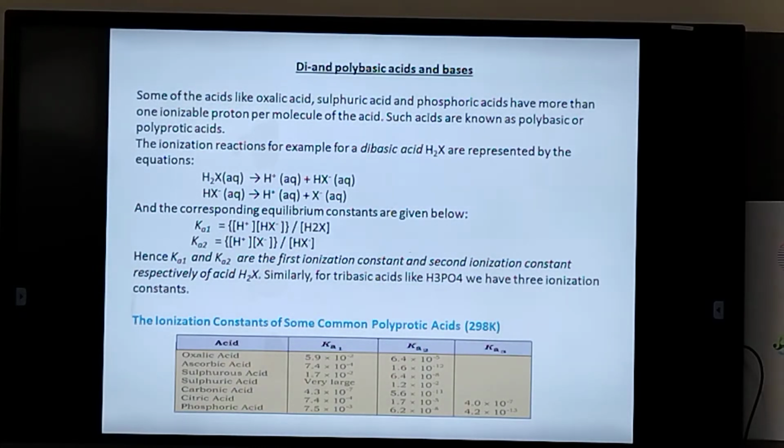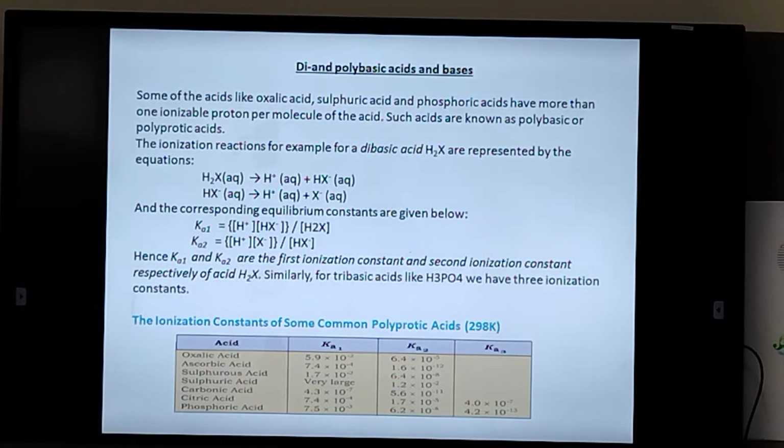Similarly, for a tribasic acid like H3PO4, we have three ionization constants. Here in this chart, we have given the values of Ka1, Ka2 and Ka3 for these acids.